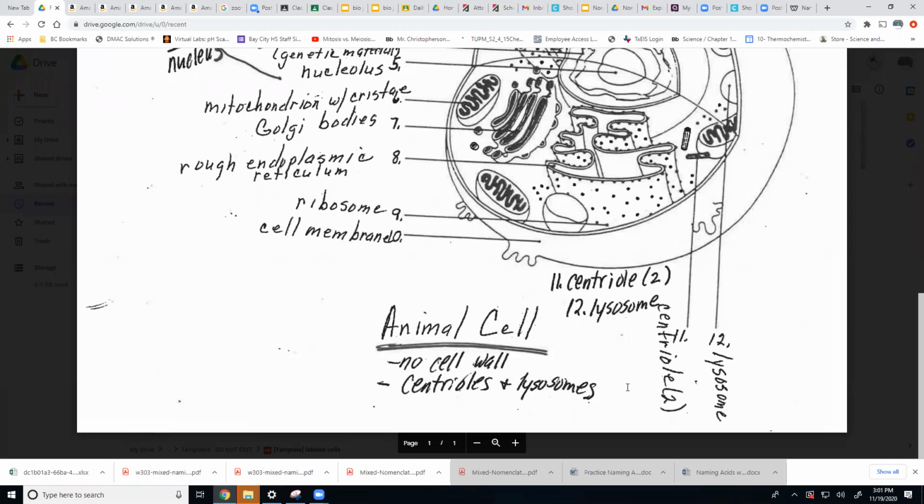Once you've made sure that you joined the quiz, go into your assignments. And under classwork, if you look down to quizzes, it'll say quiz, open notes, cell organelle.